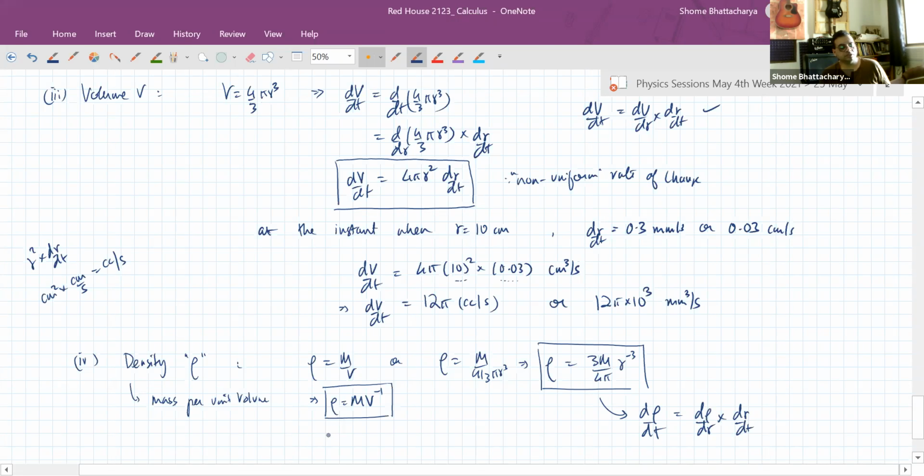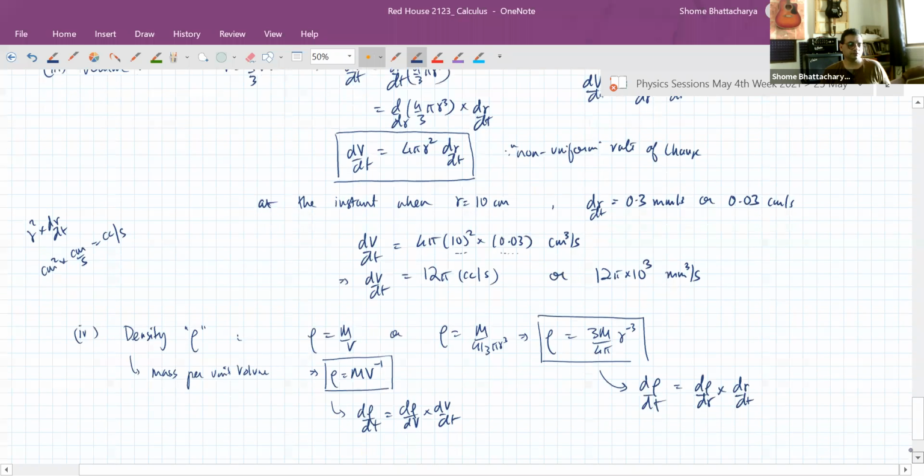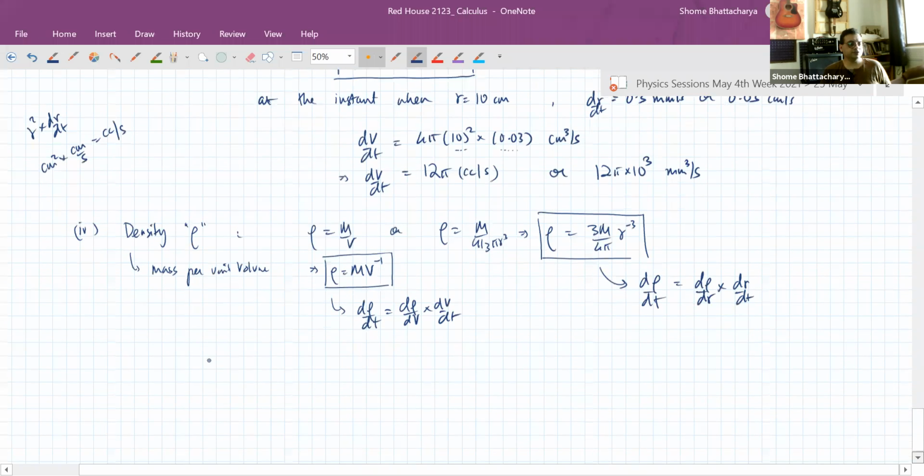Or if we use this, the rate of change of density is the rate of change of density with respect to volume into dv by dt. So let's go with this method first.